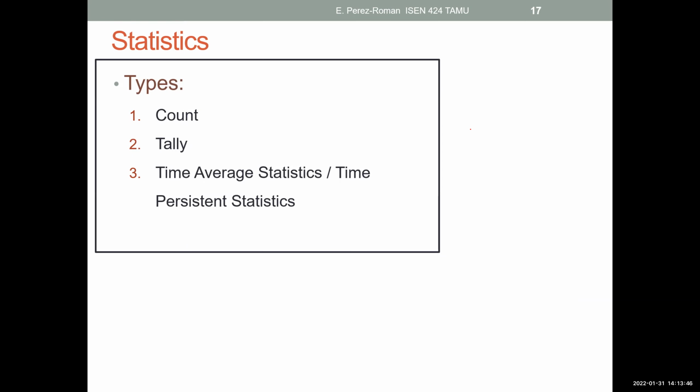So for example, let's say you have a process that is like this. You have input, output, and you have a resource. So you have a create, and then you have a dispose.